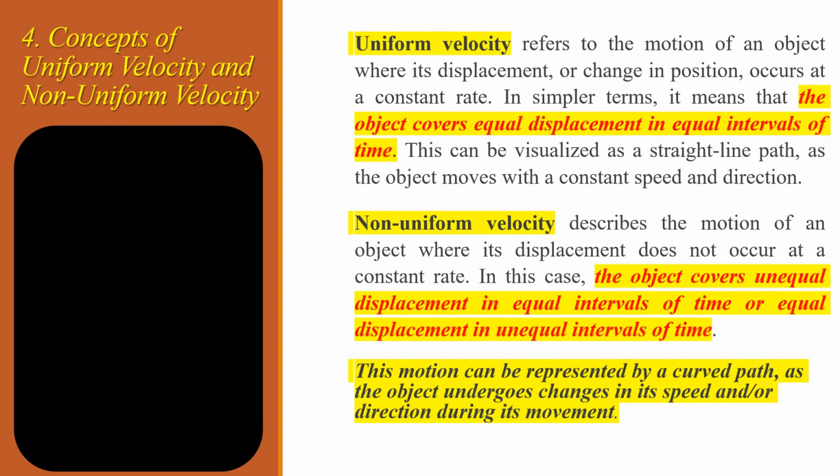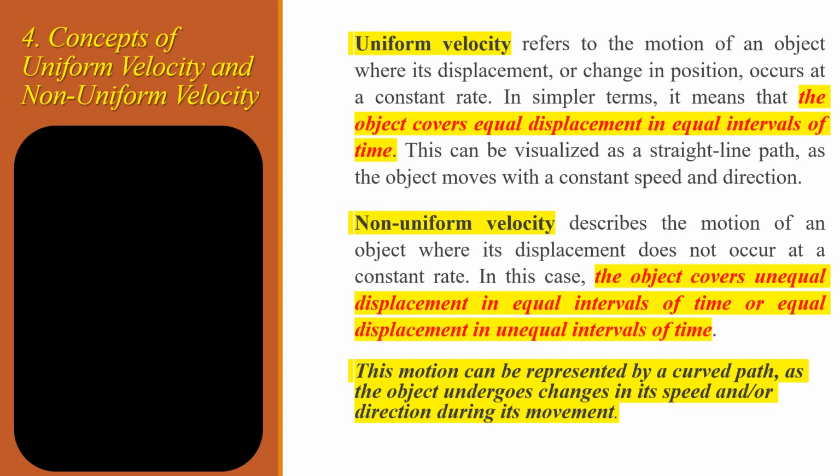Fine. Next, non-uniform velocity describes the motion of an object where its displacement does not occur at a constant rate. In this case, the object covers unequal displacement in equal interval of time or equal displacement in unequal interval of time. Fine.